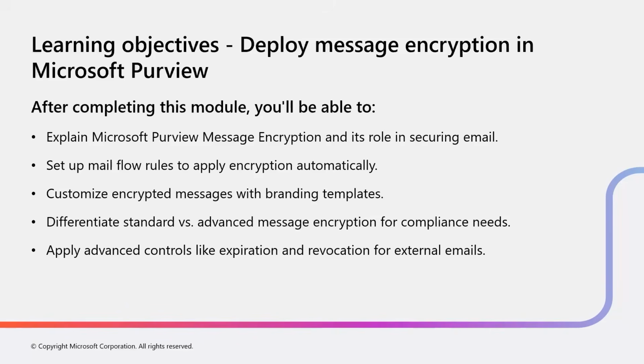On top of that, there's quite a bit of customization we can do. I'll show you a little bit in a demonstration, but we should look at the different options that are there, standard versus advanced message encryption, and some of the different things we can put around revocation, so that if an email is not opened in a sufficient period of time, we can automatically prevent people from continuing to open that email. Let's get started.